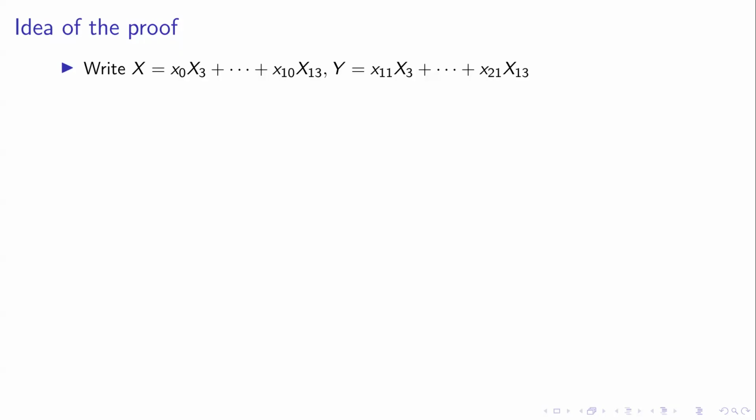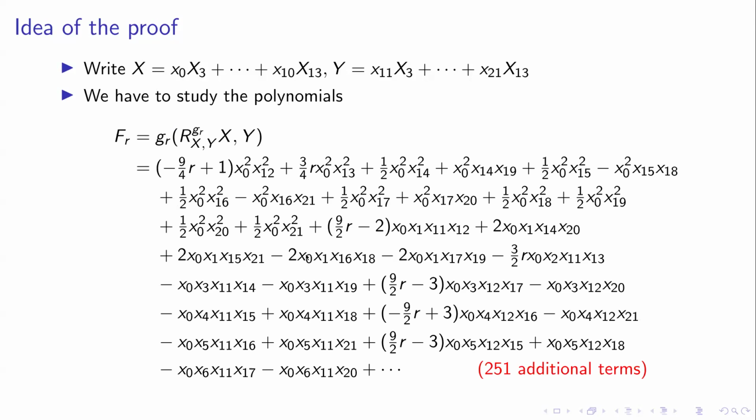This is not a brute force attack, but we have to study the sectional curvature in some way. So we will study the sectional curvature function, without normalizing. We have 11 variables for the first coordinate, another 11 variables for the second, and this is a very complicated homogeneous polynomial, which we have to prove is non-negative for R in this range.